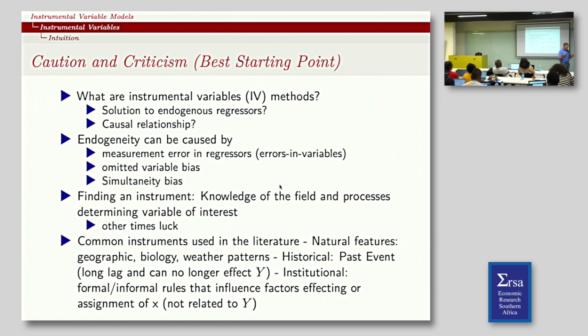So IV has been developed as a solution to endogenous regressors. But there's some fairly interesting history out there. There's a geneticist who did some work on trying to understand the relationship between parental height and child height, whose father, I think, was an economist.